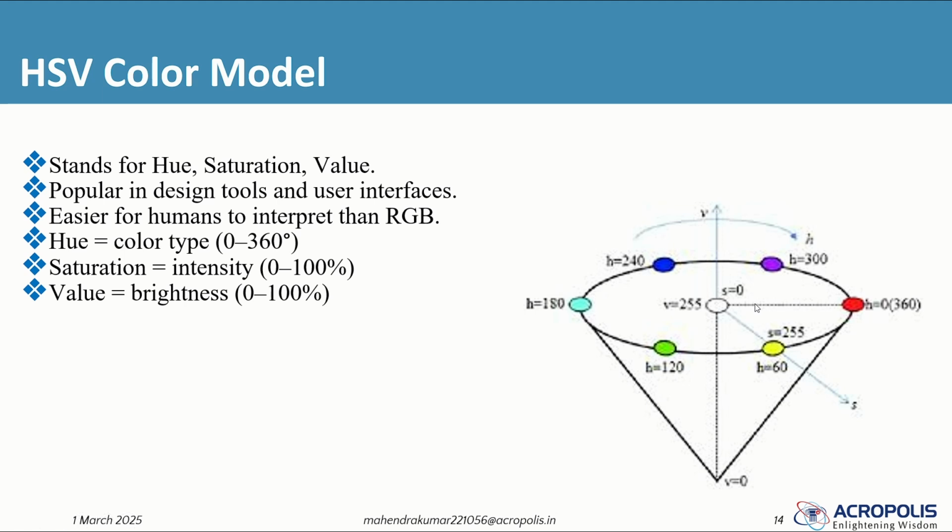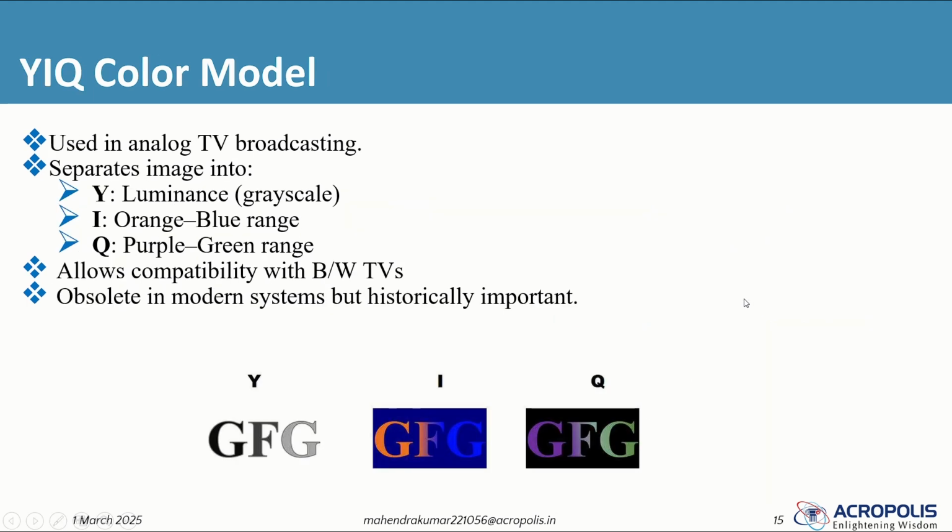So, finally, we have the YIQ color model, which was used in analog television systems. Here Y stands for luminance, basically the grayscale version of the image, while I and Q carry color details.